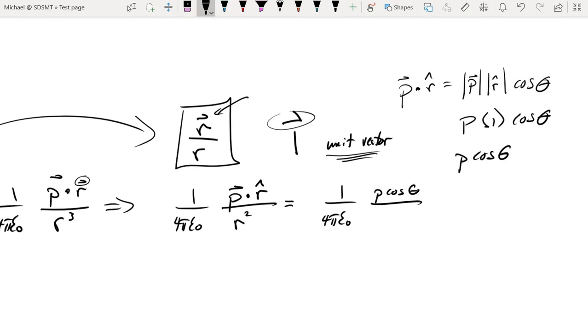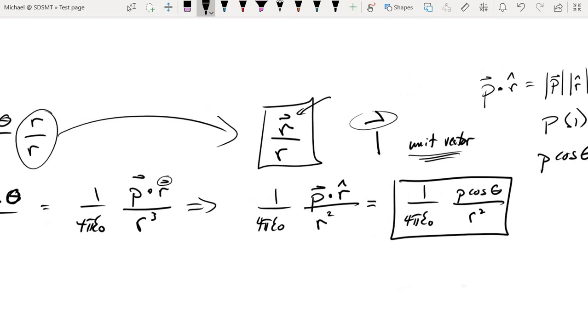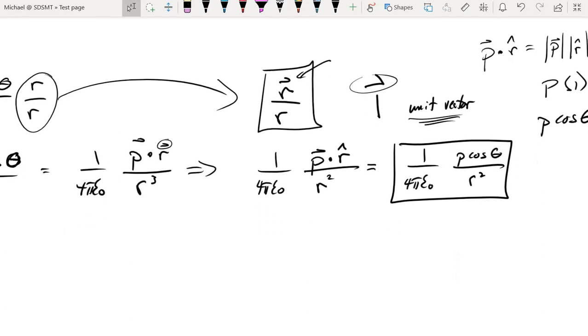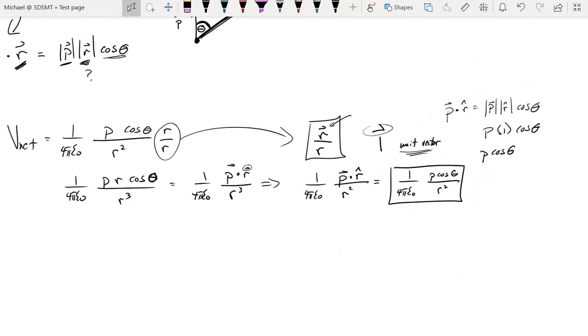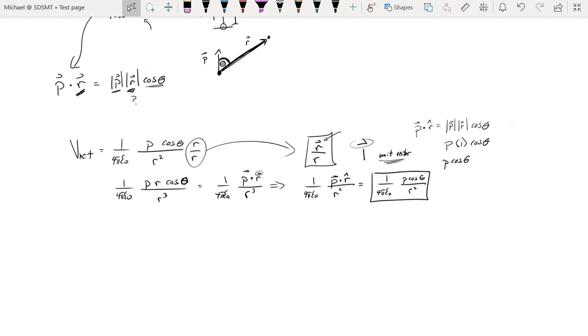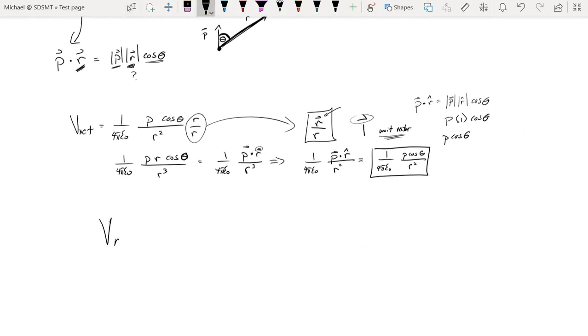We get exactly what we had before, but now it's in a form that can be written as a dot product. And the reason I stress this is the importance of being able to measure theta between those two vectors.